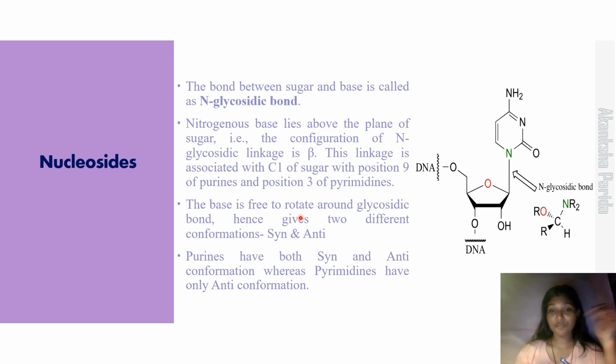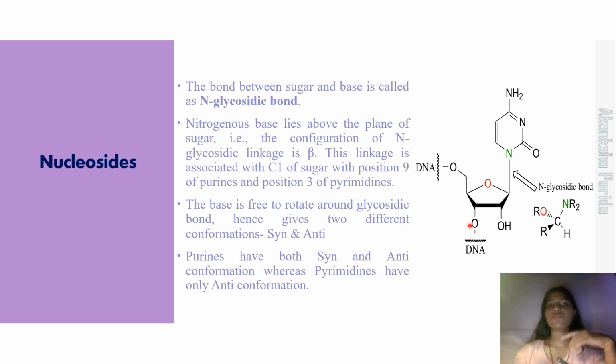The base is free to rotate around the glycosidic bond, hence gives two different conformations, that is syn and anti. Anti conformation means that the base is rotated away from the sugar, and this is mostly favored.